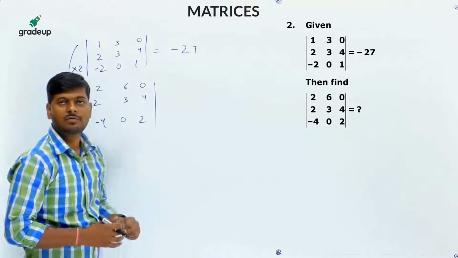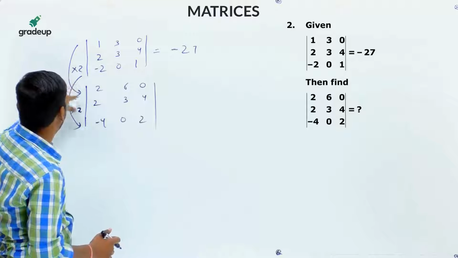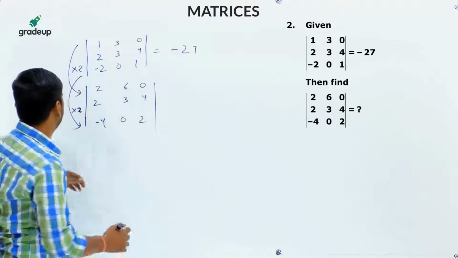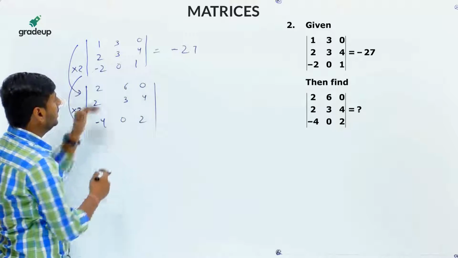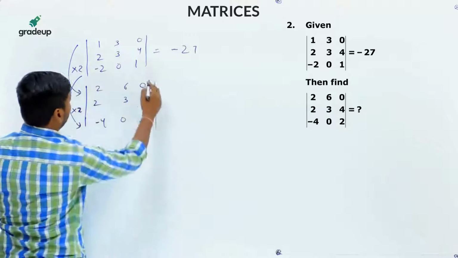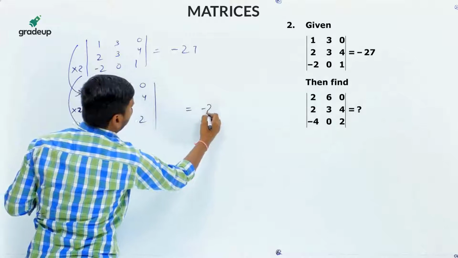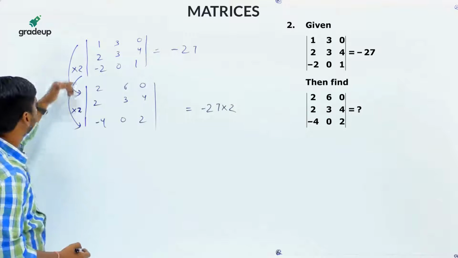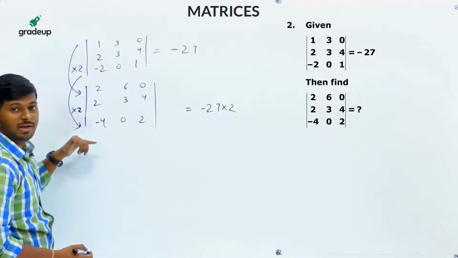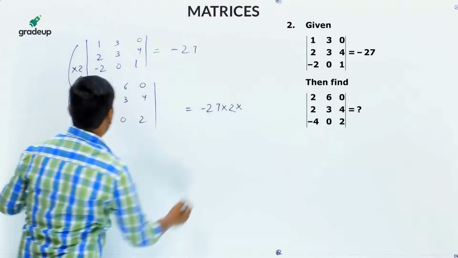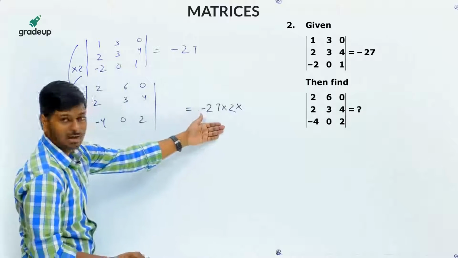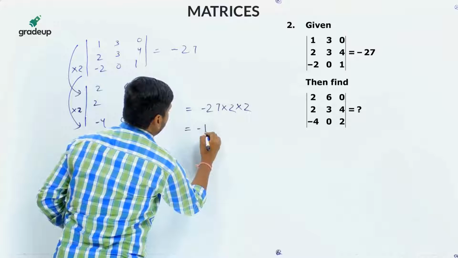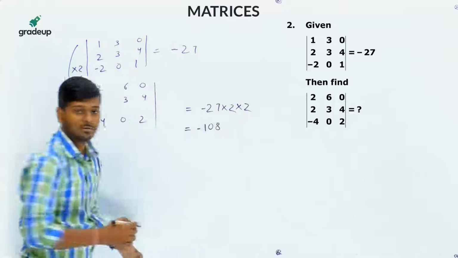According to the properties of the determinant, if the first row is multiplied by 2, then the determinant is also multiplied by 2. So if only the first row is multiplied, we get the determinant as minus 27 into 2. But here the third row is also multiplied by 2. So we get the determinant as twice of the given determinant, that is minus 27 into 2 into 2, which is equal to minus 108.